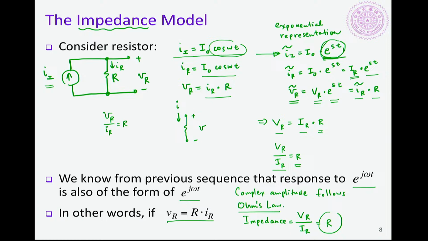And then VR is equal to IR times R. If we convert it to exponential representation, I tilde is equal to I0 times exponential st. Then VR tilde is equal to VR times exponential st, which is equal to IR tilde times R.